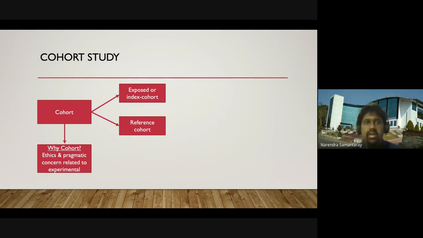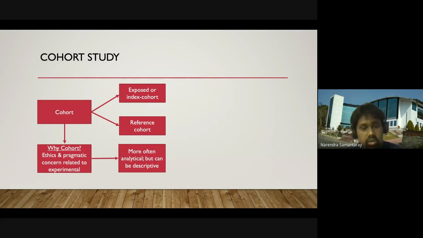But apart from the ethics, certain pragmatic issues also are there. And what those pragmatic issues are, I'll be discussing when I come to various subtypes of cohort study. So basically, when we choose a cohort design, one reason is that we cannot give unethical exposure to an individual that we know may cause certain risks to that individual.